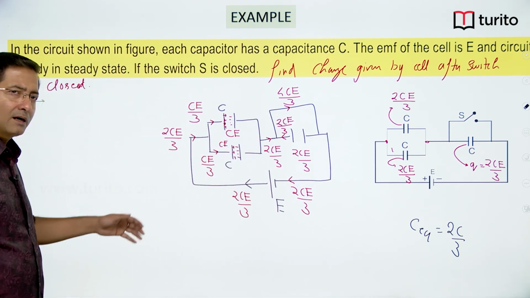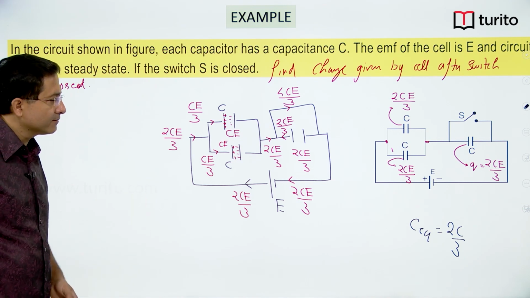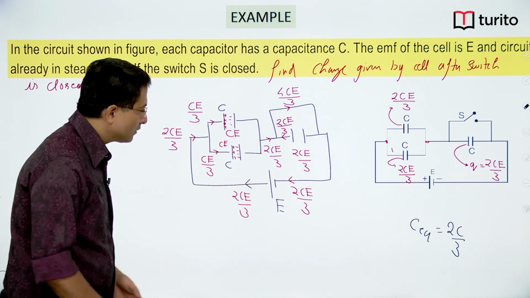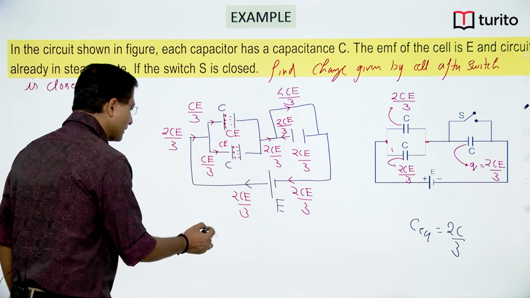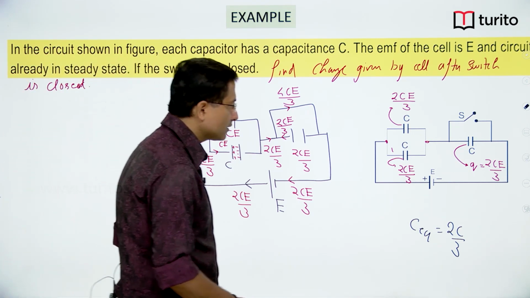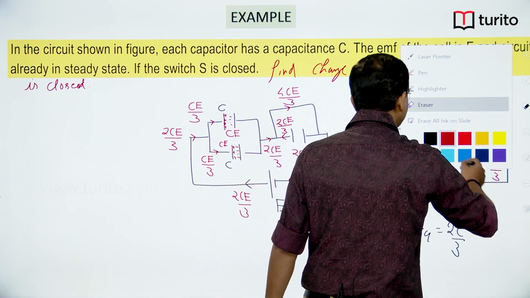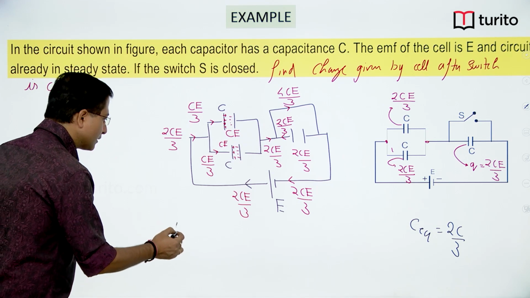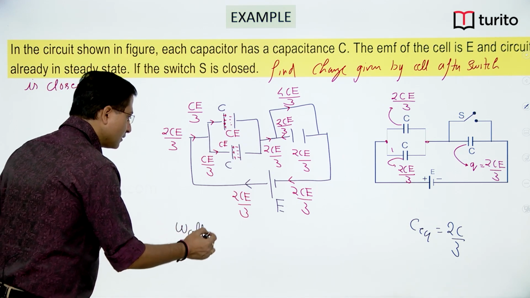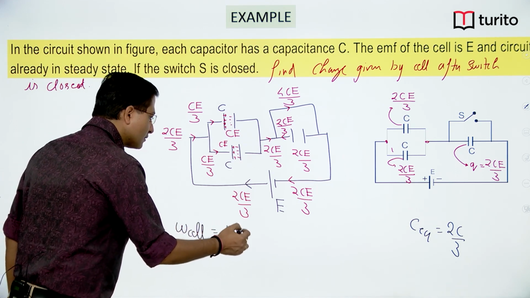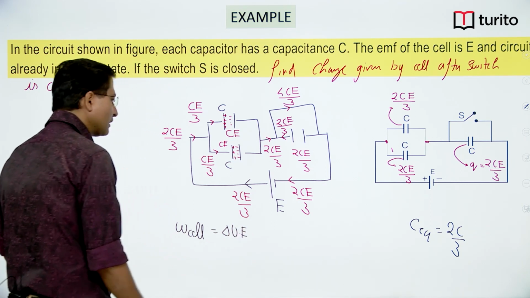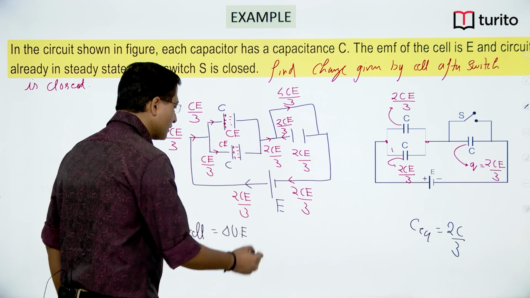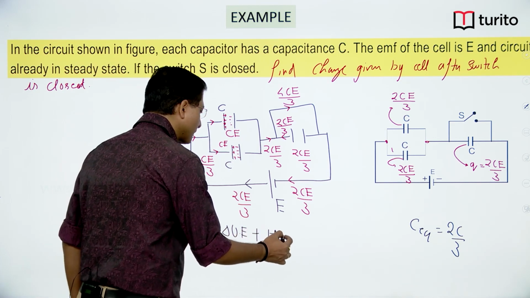So I can also ask how much heat is generated in the process, right. We know the formula, work done by cell after reconnection equals change in the energy stored in the capacitors plus heat generated.